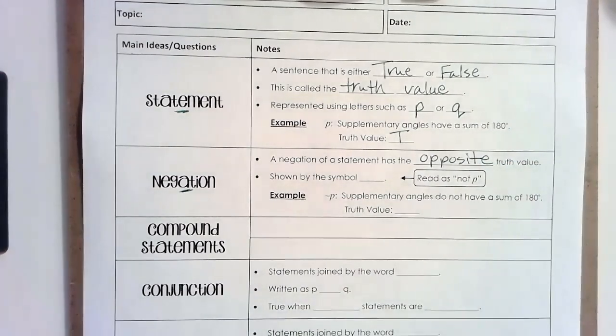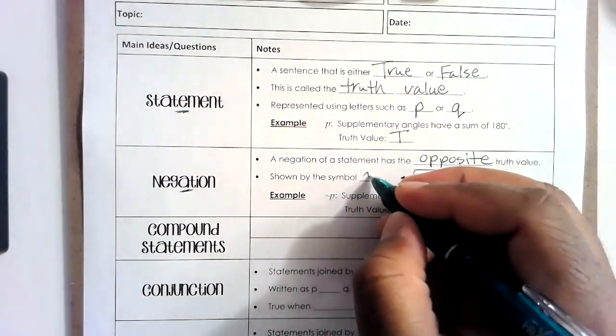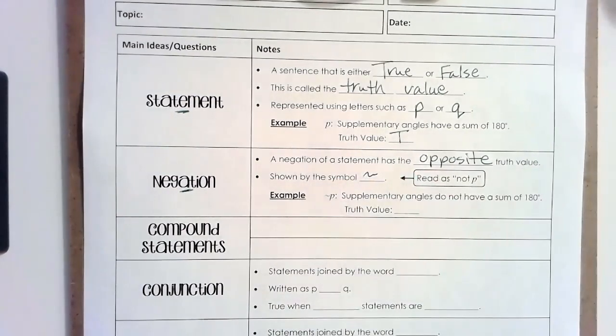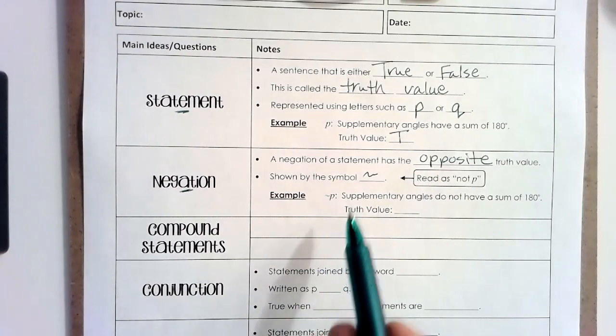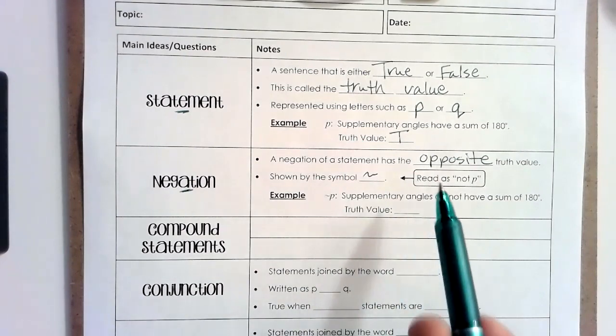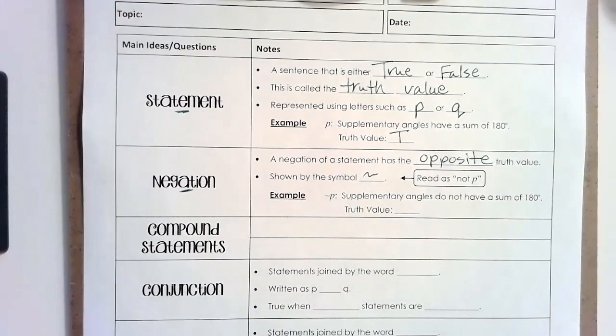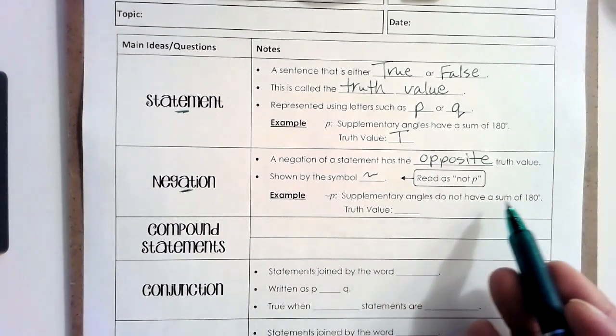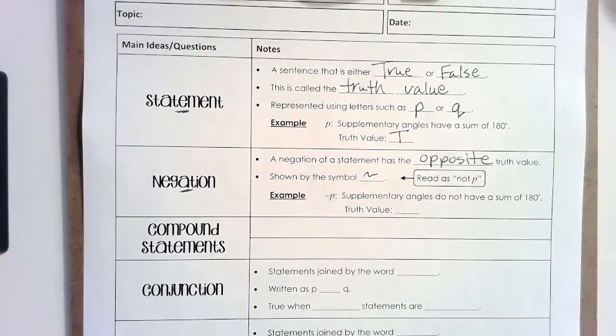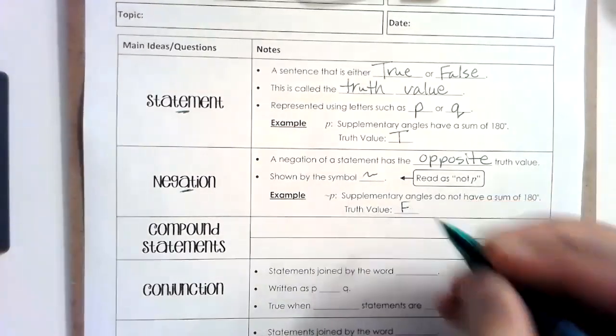It can be represented by this little squiggly symbol, read as not P. They gave us an example underneath, very similar to the other one, only the opposite. So the negation, or not P: supplementary angles do not have a sum of 180 degrees. And that obviously is false.